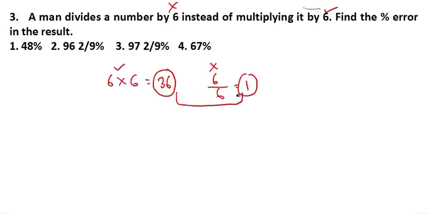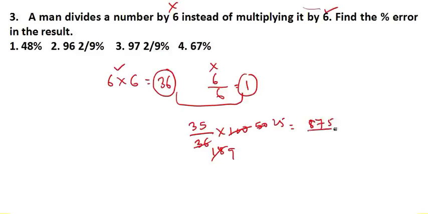So this is supposed to be the right answer, but you got this answer. So it is asking the percentage error. So what is the difference? See, the difference is how much? Tell me. Here you get 35 difference by 36 into 100. So if you simplify, you will get 35 into 25, and it will come around 875 by 9.